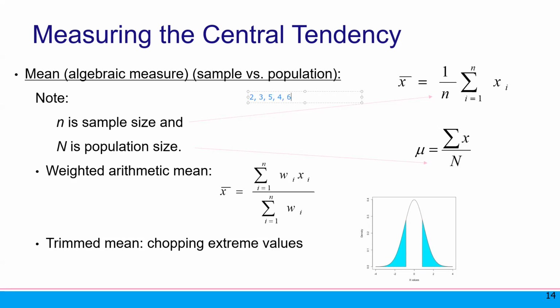Then how can we get the mean? 2 plus 3 plus 5 plus 4 plus 6 equals 10 plus 10, 20. And what is the average? It is 4. So with this kind of simple mean, you can get this number for the mean.